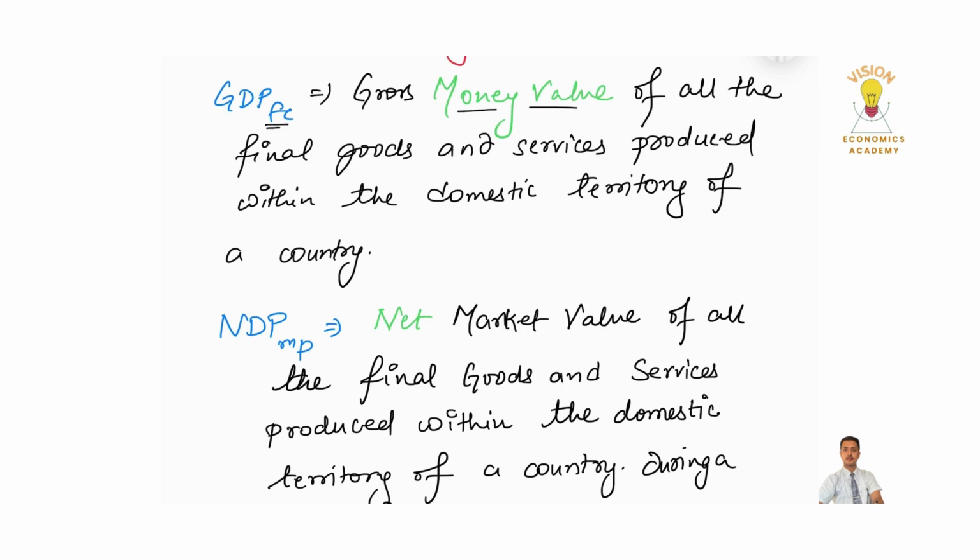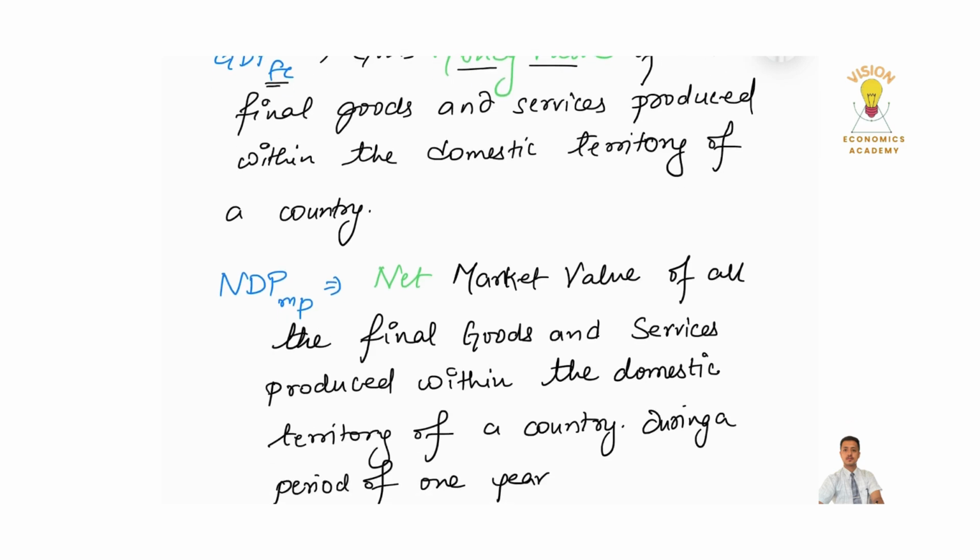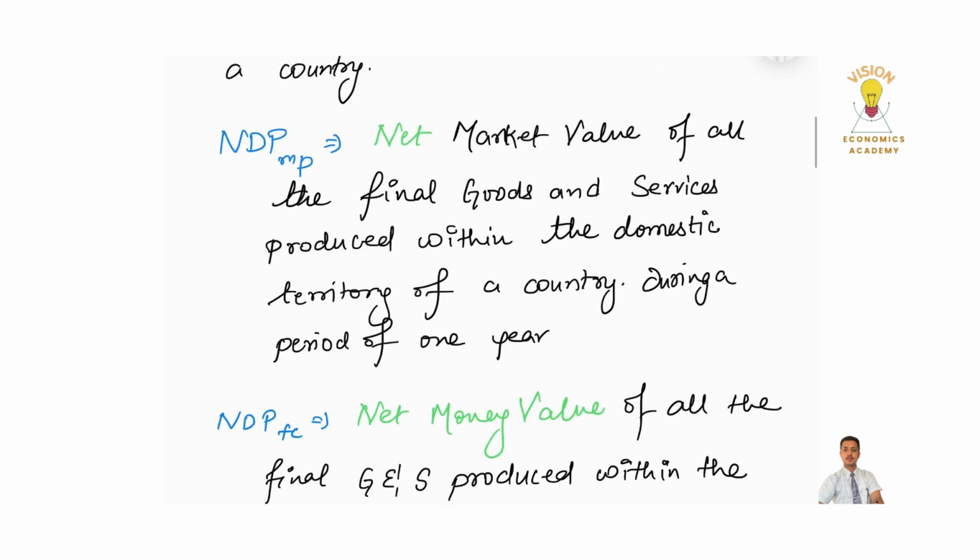Now factor cost means, in a very simplistic manner, the cost that is incurred or borne while preparing or making that product in the factory, right? So here the taxes and subsidies are not included. So it's the gross money value of final goods and services produced within the domestic territory of a country in a period of 1 year.